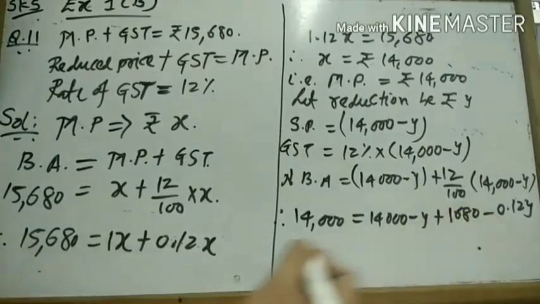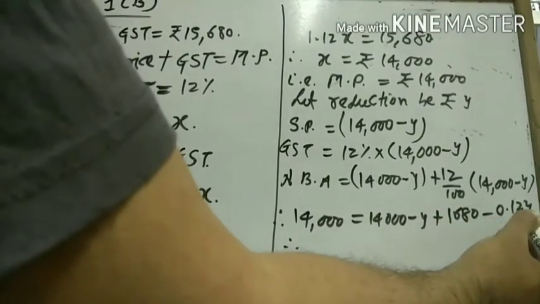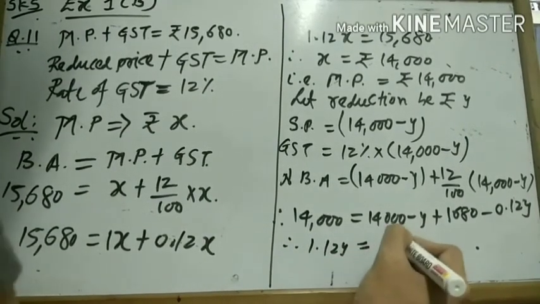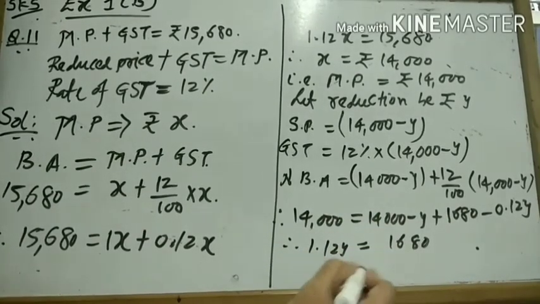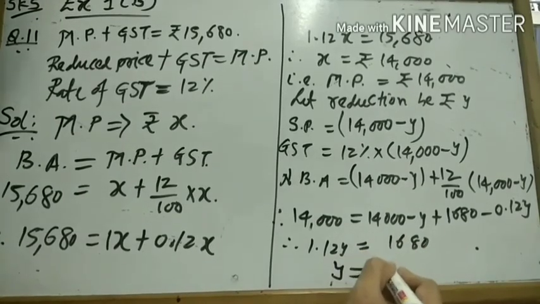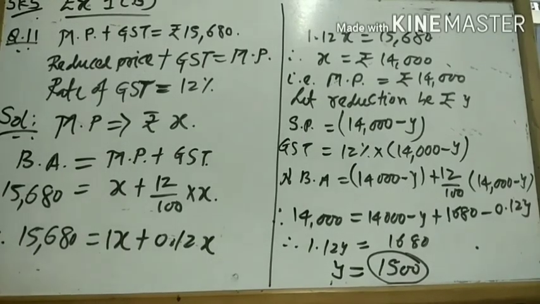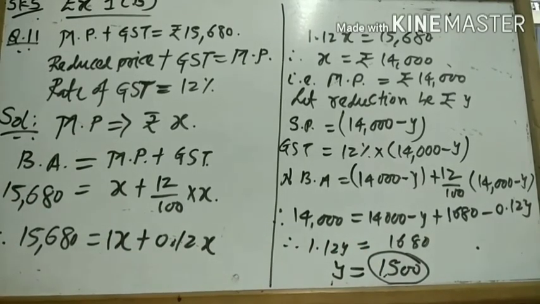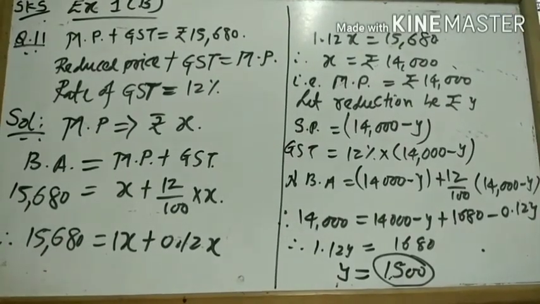So ultimately you can calculate y: negative y and negative 0.12y will make 1.12y equal to 1680, because 14,000 and 14,000 will get cancelled. Again you can divide 1680 by 1.12, it will be 1,500. So the reduction in his original mark price should be rupees 1,500, and this is exactly what they had asked, what is the reduction in the price. That's all from GST. We shall see you in the next session.